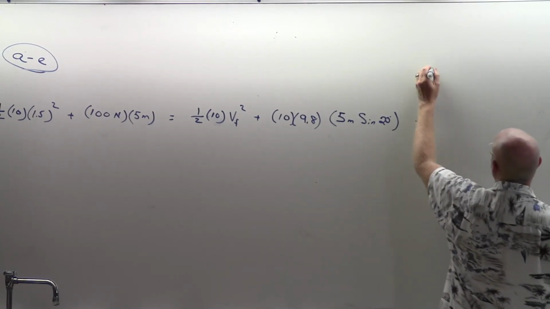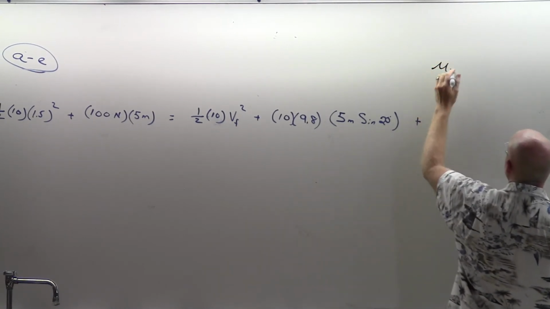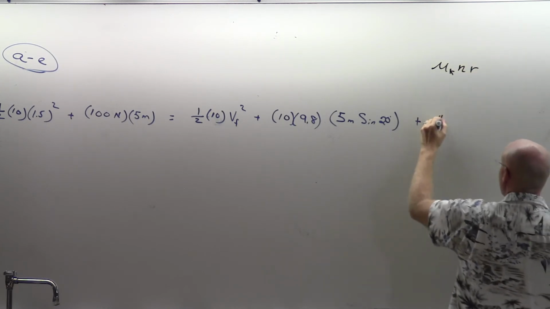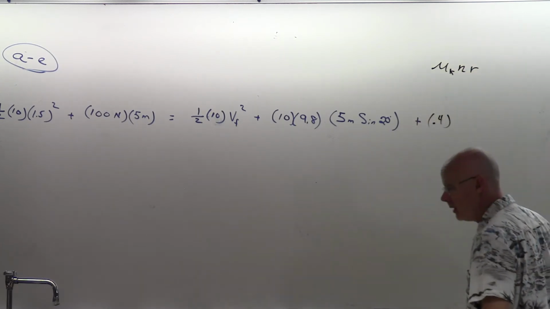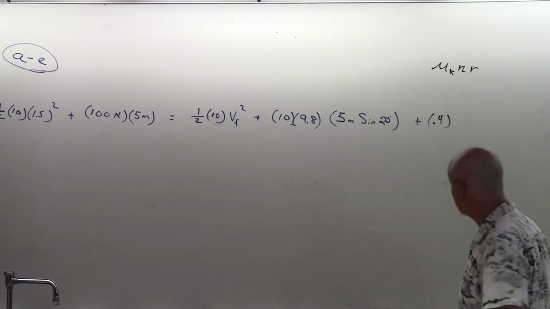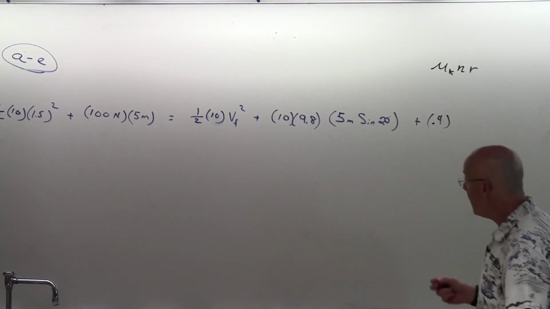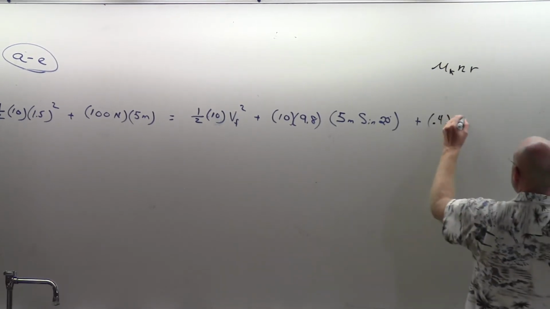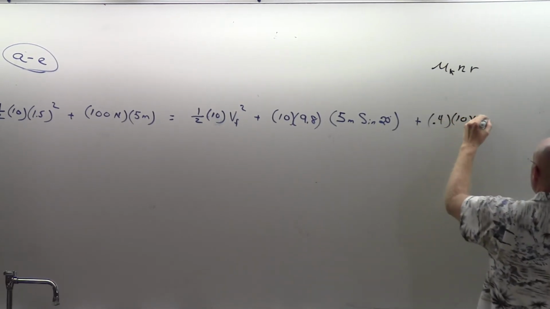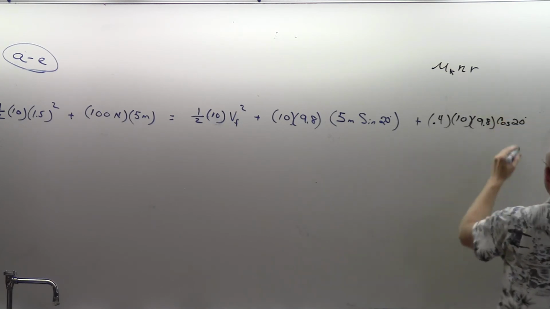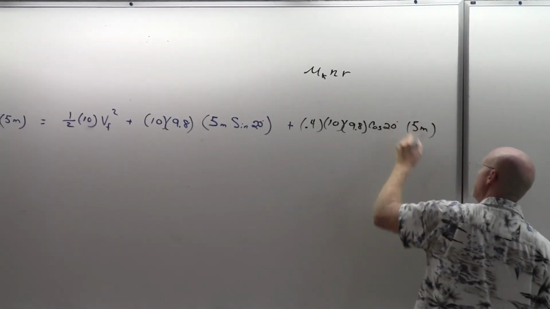This is the coefficient of friction times the normal force times the distance it moved. So in my case it's 0.4. The mass is the 10. g is 9.8, cosine of 20 degrees, and distance is 5 meters.